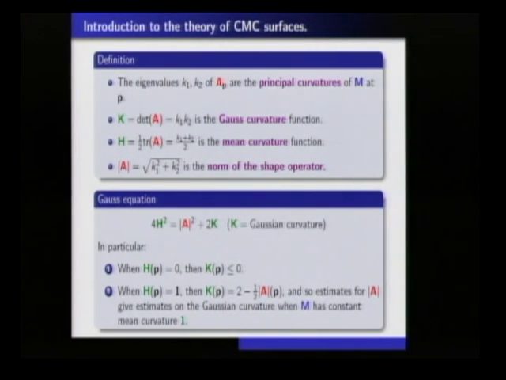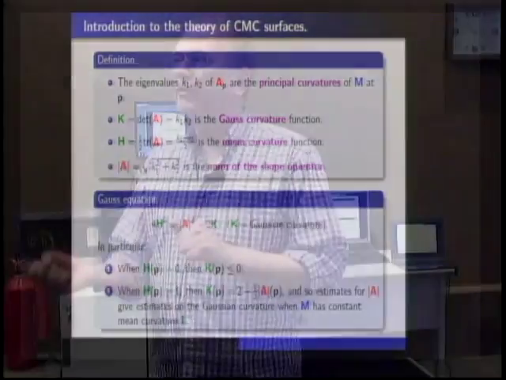Or, for example, if the mean curvature was 1 at a point, then we get an estimate for the Gaussian curvature. So it turns out if the mean curvature is bounded, then the Gaussian curvature is big if and only if the norm of the second fundamental form is big.